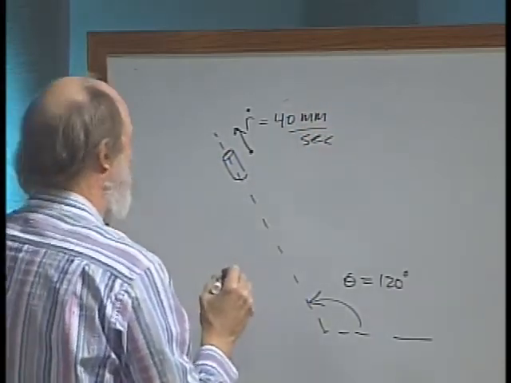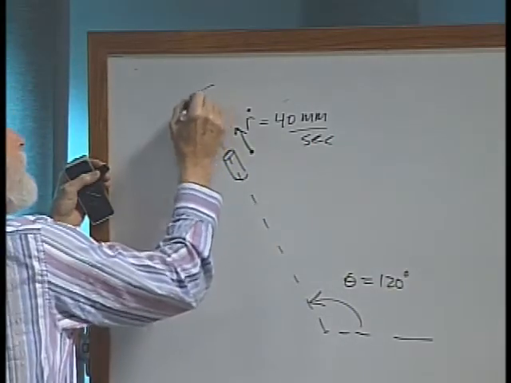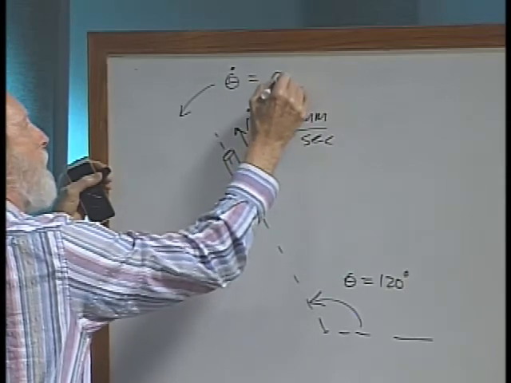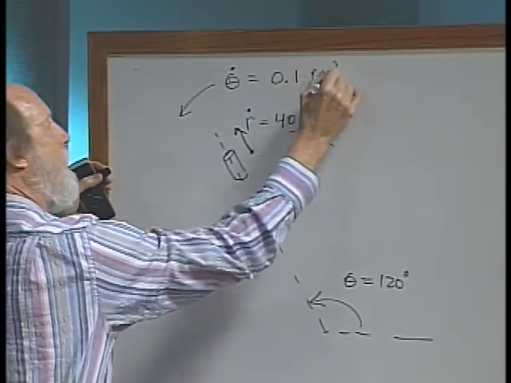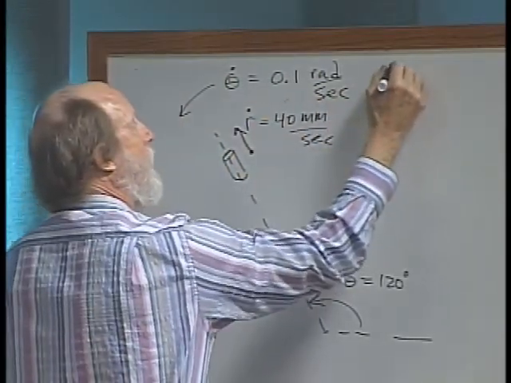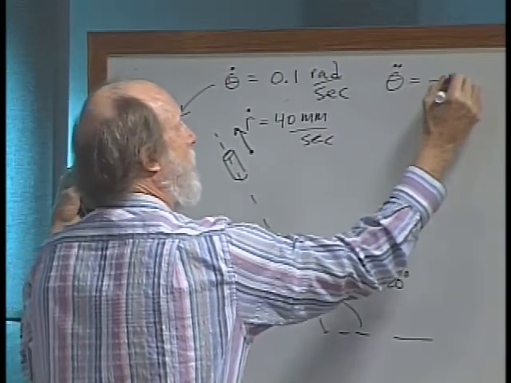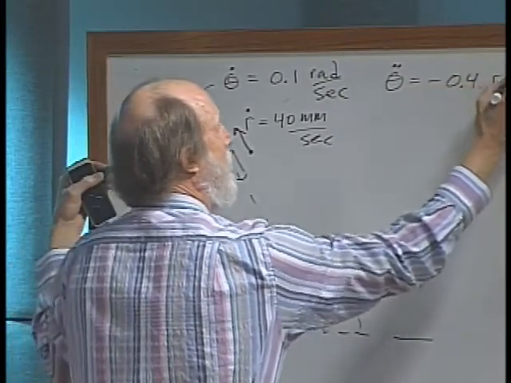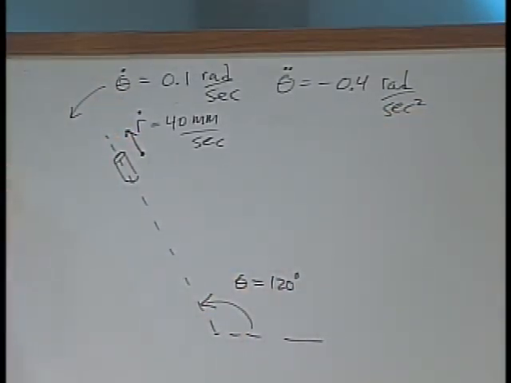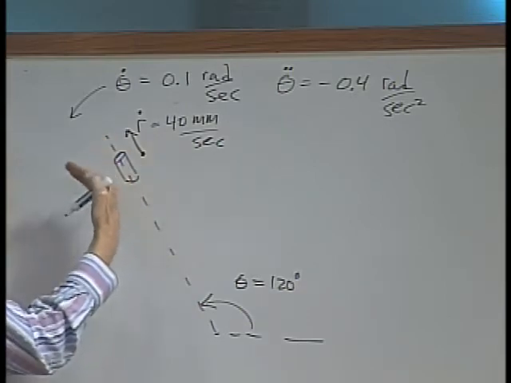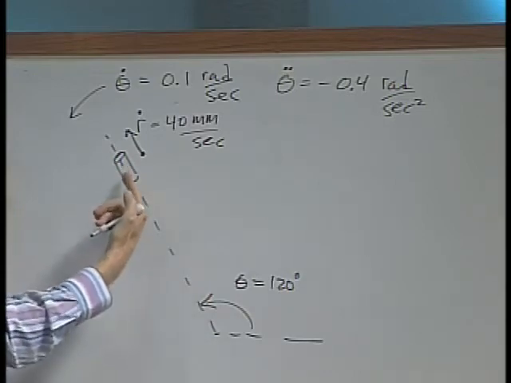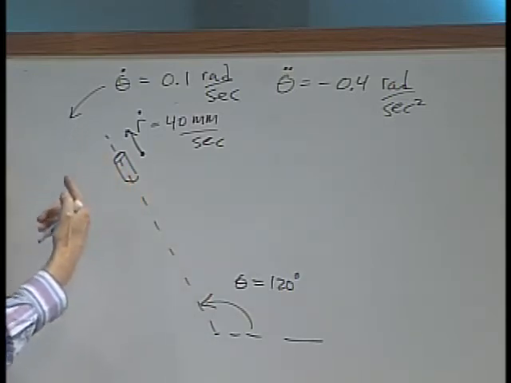At the same time, we have a theta dot, which I believe was positive 1/10 of a radian per second in its rotational rate, and theta double dot was a negative 4/10 of a radian per second squared. So it's rotating counterclockwise and at the same time slowing down while it's moving radially outward at the same instant.